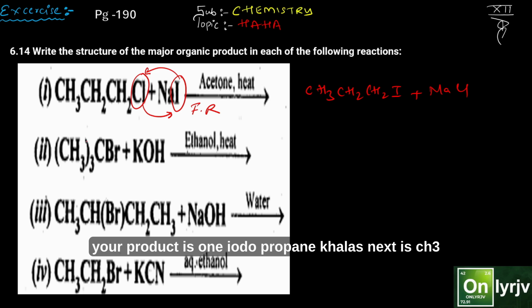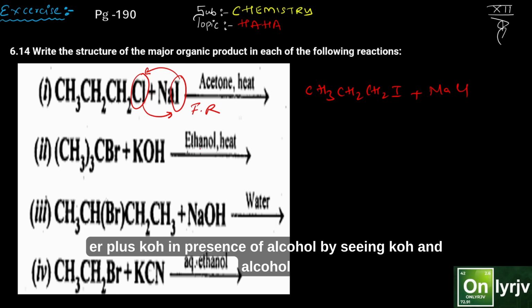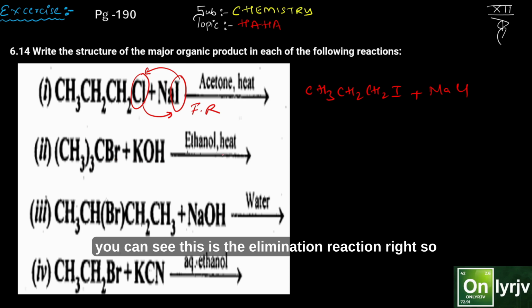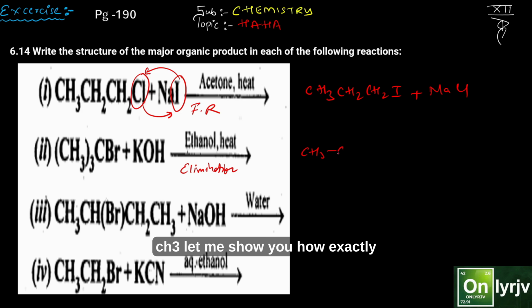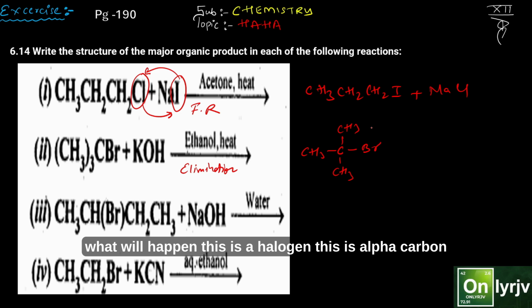Next is (CH3)3CBr plus KOH in the presence of alcohol. By seeing KOH and alcohol, you can see this is an elimination reaction, right? Let me show you how exactly it will happen. This is the halogen, this is the alpha carbon, and these are the beta carbons; all the beta carbons are the same.